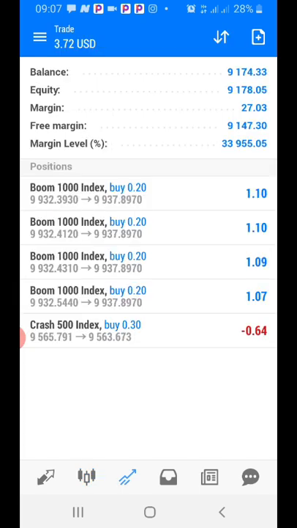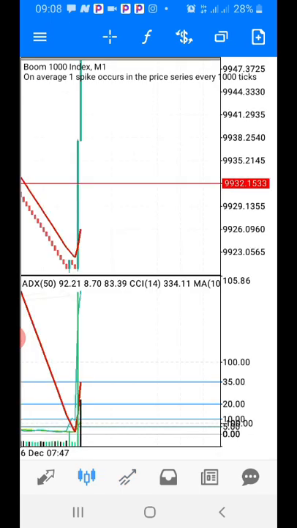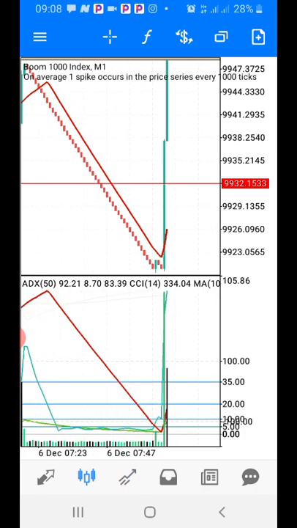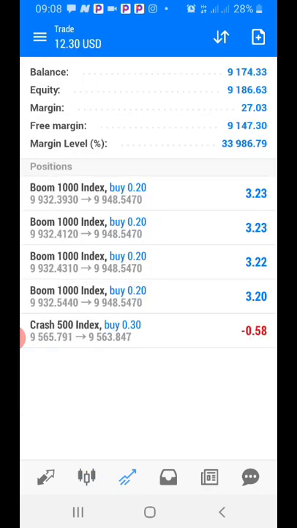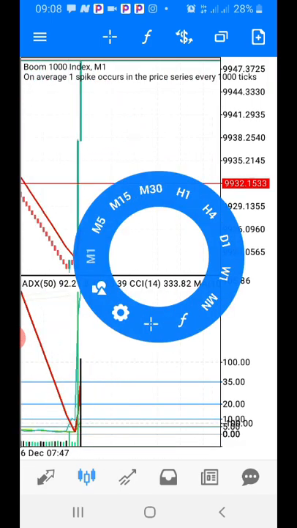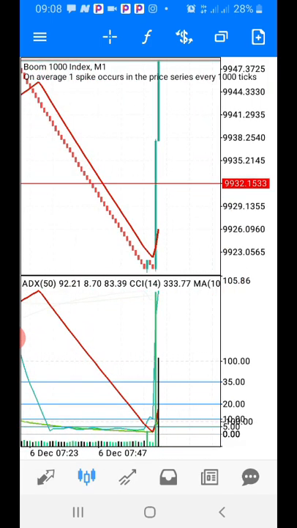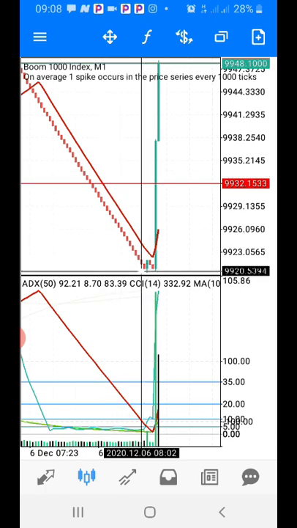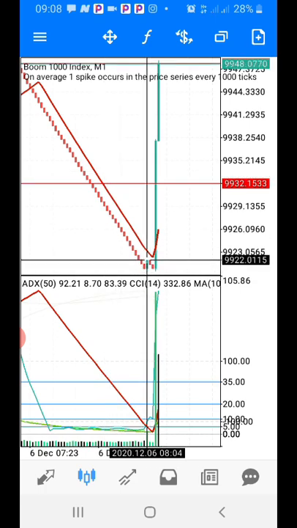So that's how this strategy works. Another spike, another spike has just occurred. Boom 1000 just gave us a double spike using the strategy. You see, we analyzed with the 1-minute time frame and also confirmed with the 15-minute time frame, and our result was sure.